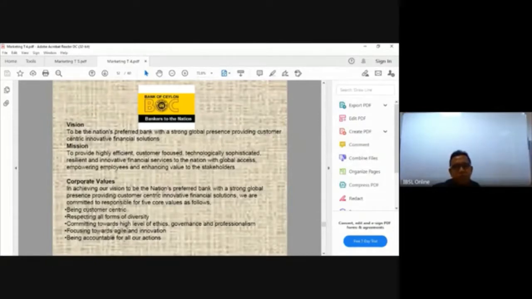Committing towards a high level of ethics means being ethical, with proper governance and professionalism. Focusing towards agility and innovation: agility means flexibility, and innovation is your innovativeness, creativity, and so on. Being accountable for all our actions means you have to be responsible for all your actions.